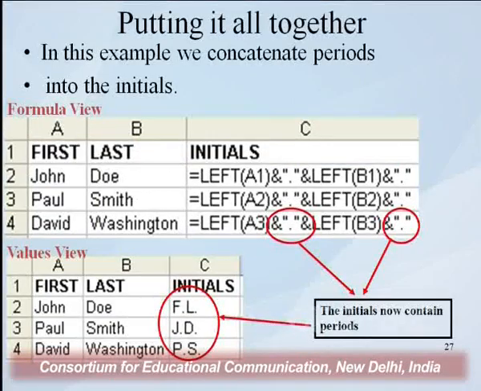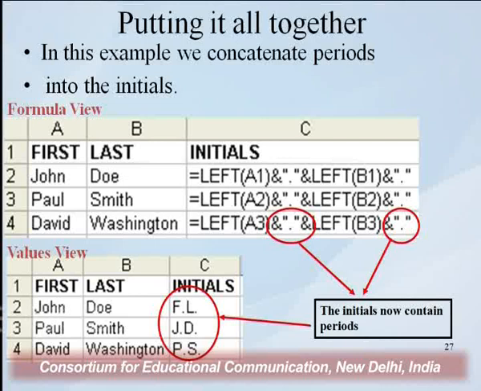Now, putting all these things together, what we are trying to say is that if you have the first name and the last name and you want to just store the initials, you can do that also. That can easily be done by putting a period sign. Just like we had concatenated a space, you can concatenate a period sign in it.